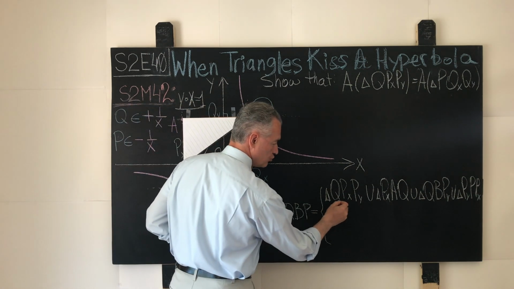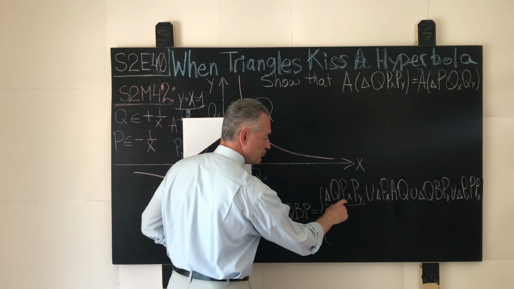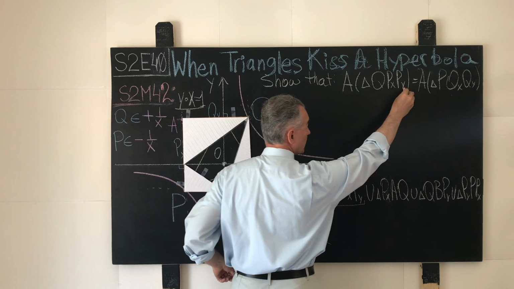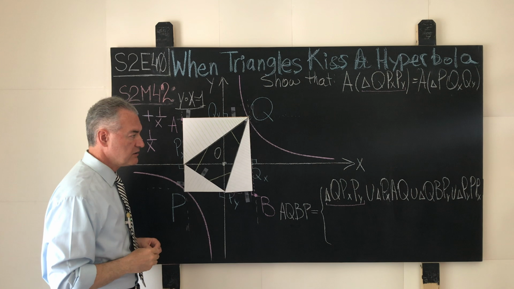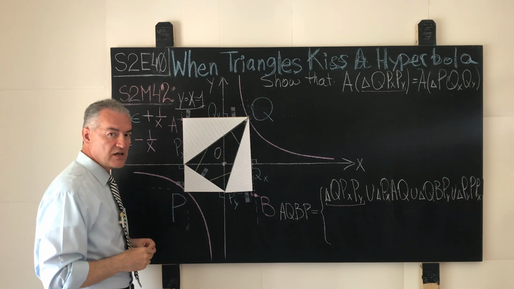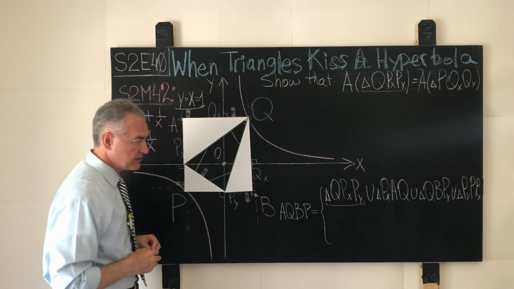The triangle QPXPY, this is our usual suspect, this is this guy right here. We need to say something about the area of that triangle. And the following three complementary right triangles.